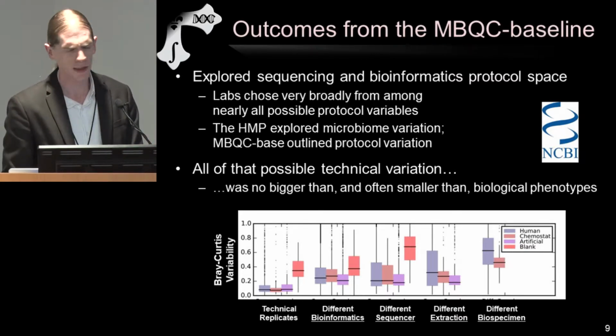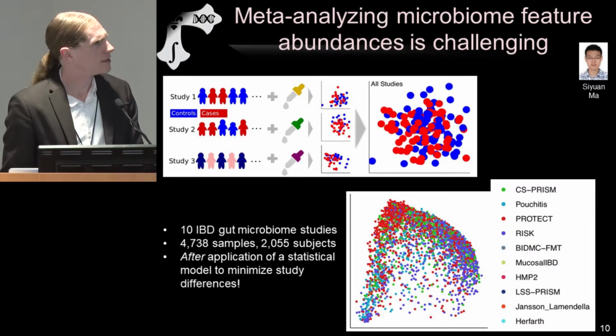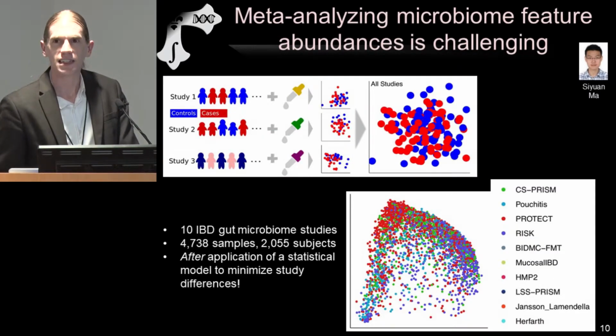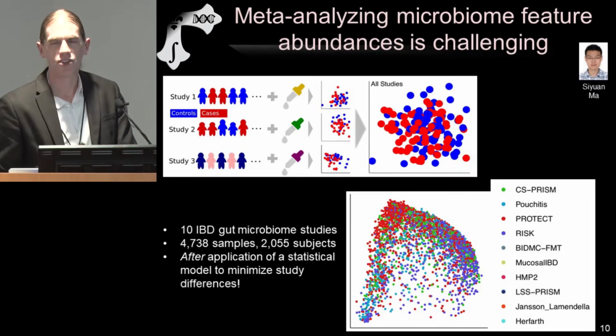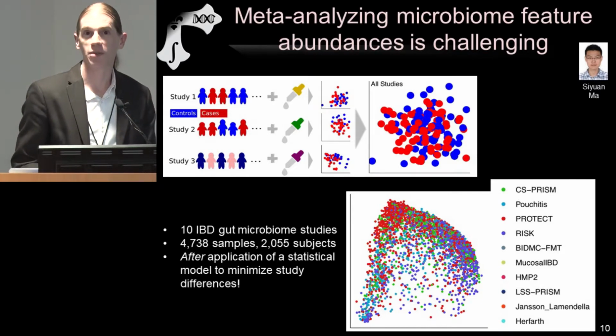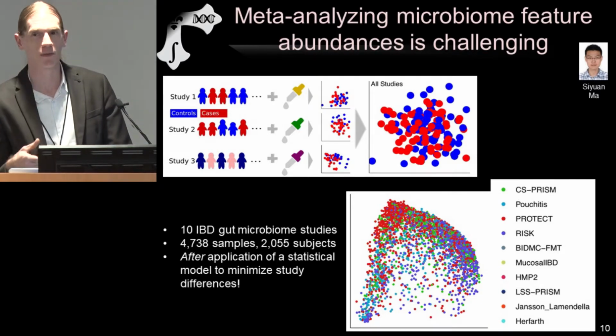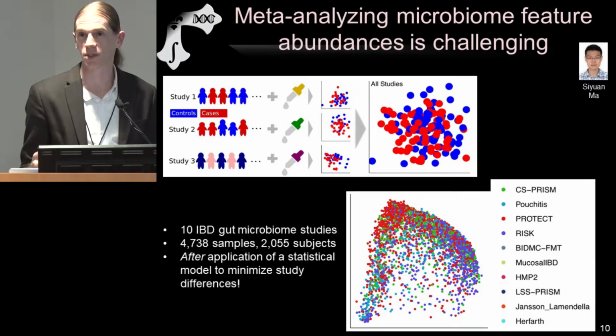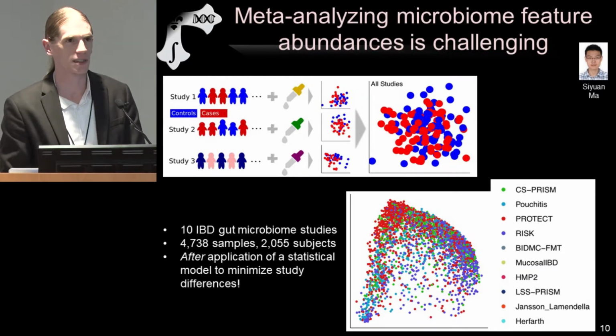So keep this in the back of your mind as far as technical sources of variability in defining microbiome health. Where this tends to manifest when considering population studies is that it can be very challenging to compare microbiome studies even from similar populations, let alone, as we saw earlier, from different global populations.